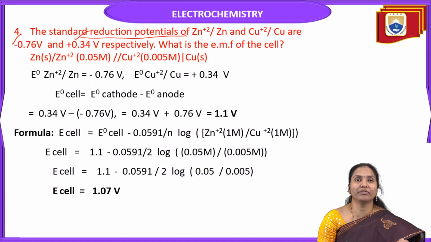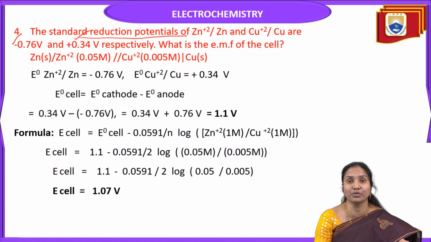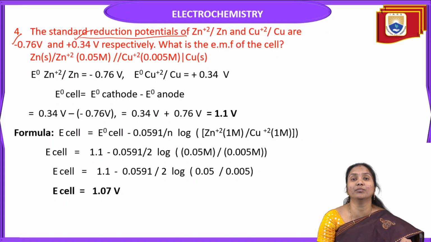So what is the EMF of the cell? So in this zinc and copper electrochemical cell, it's given the molarity, that means the concentration of the electrolyte solutions. Here zinc sulfate molarity is 0.05 m, molarity means concentration, and copper sulfate concentration is 0.005 m.